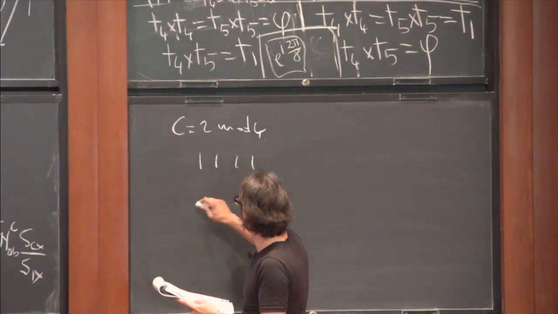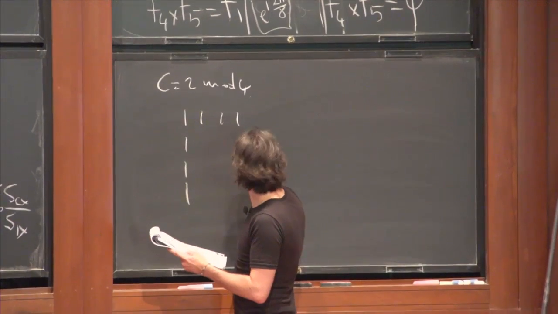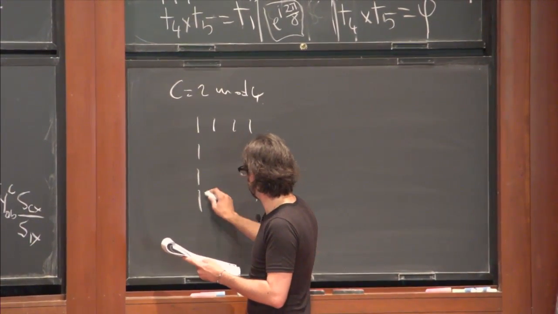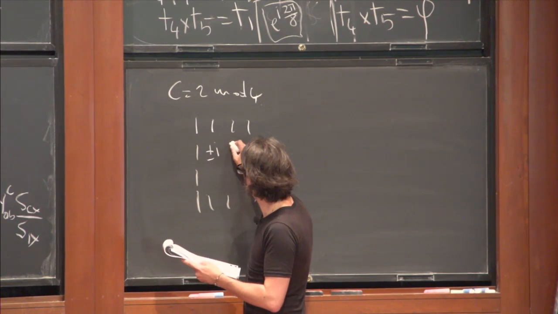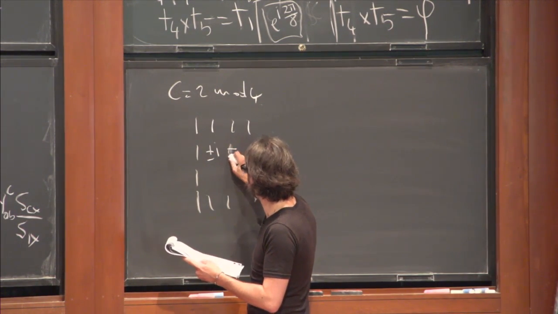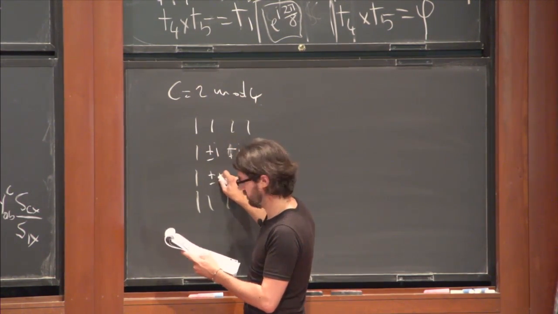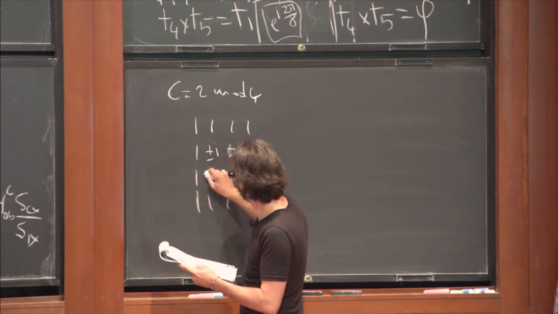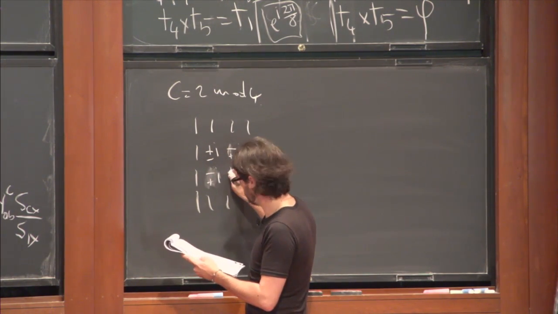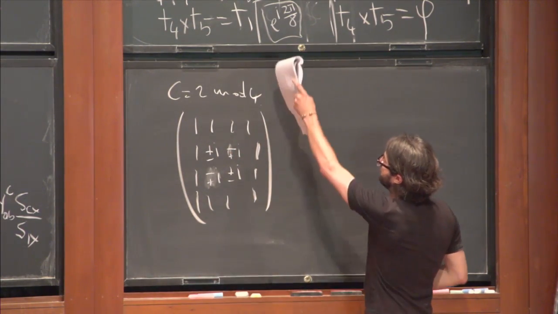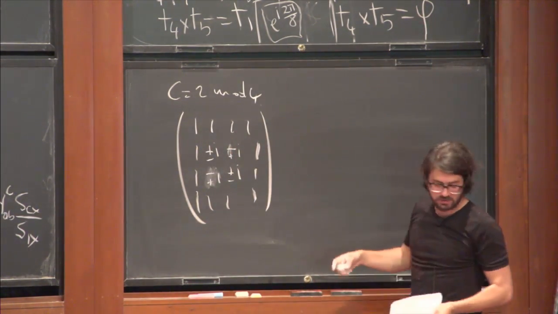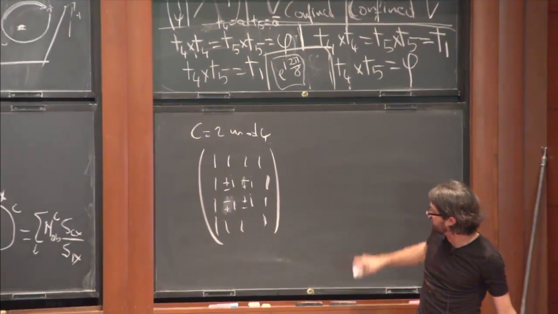They all have 1 on the diagonal, on the first and last row, and they differ by having a plus minus i here and minus plus i here. And this gives you 2 theories for that fusion.